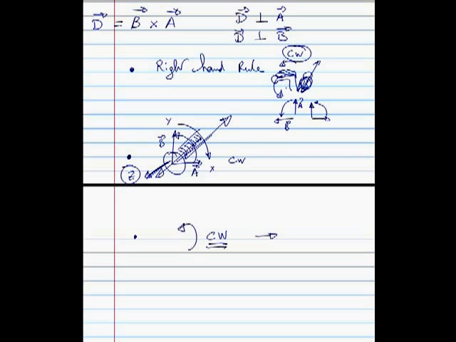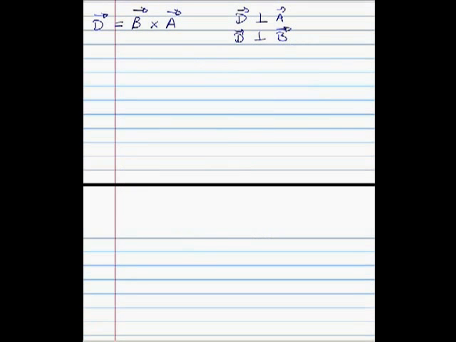And the convention, the sign convention of a cross product is the following. If you're going clockwise or counterclockwise, one will give you a negative sign in the cross product, the other one will give you a positive sign.